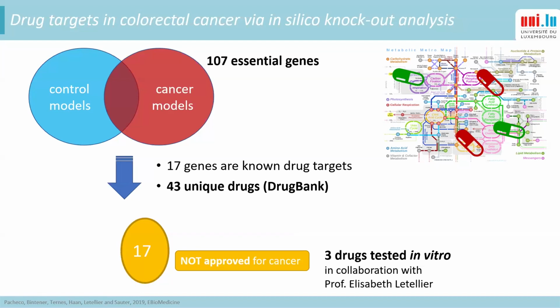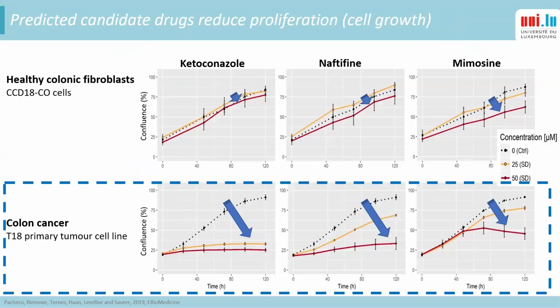In this study, we then looked into 3 of these drugs and tested them in vitro on some cancer cells taken from a patient. The lower panel is the colon cancer from the patient, so a primary cell line, and the upper panel is the healthy fibroblasts, so the control, non-cancer cells.